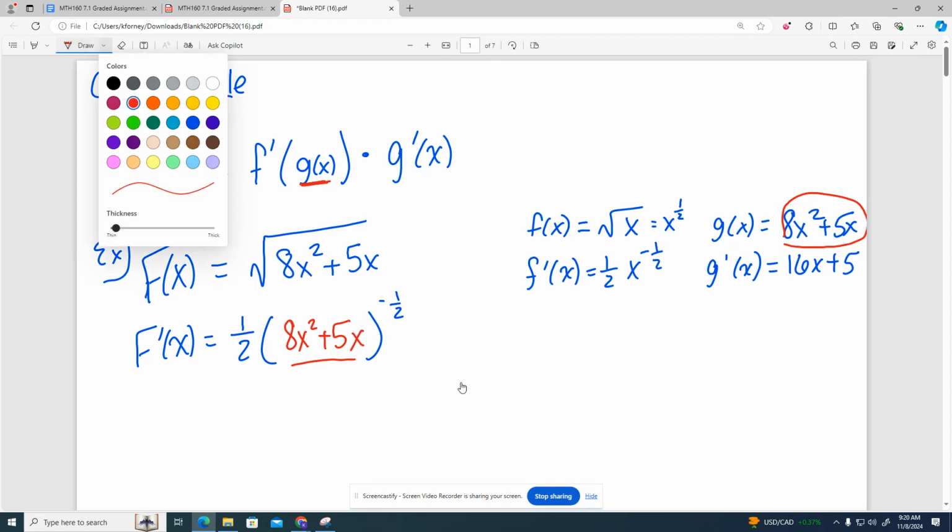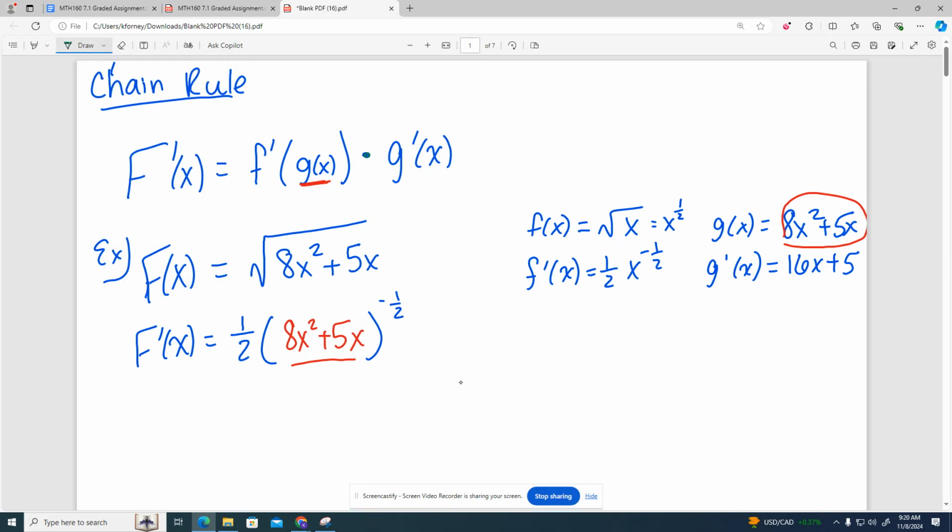And then, by definition, we multiply by the derivative of the inside function, which is 16x plus 5.